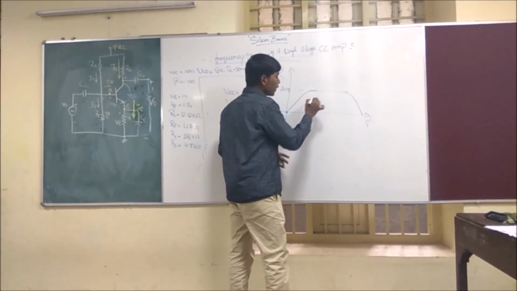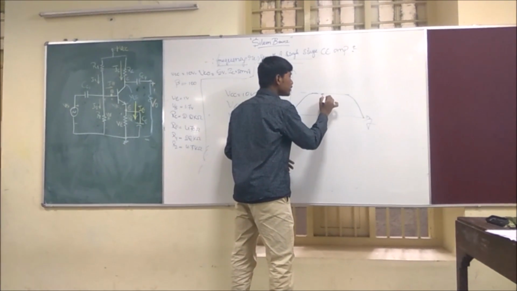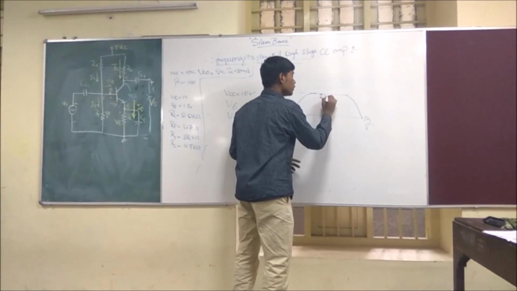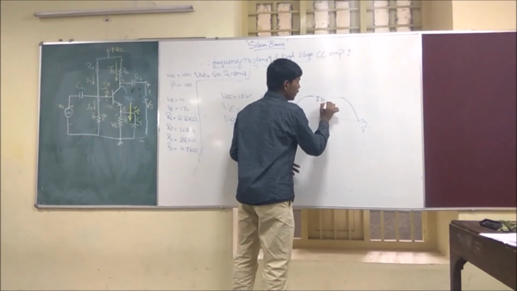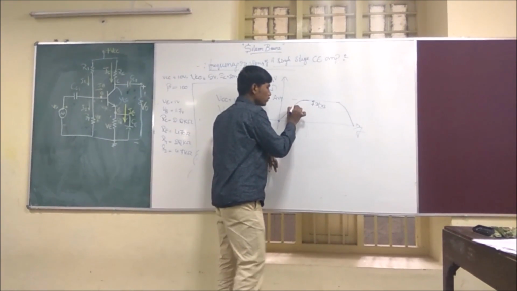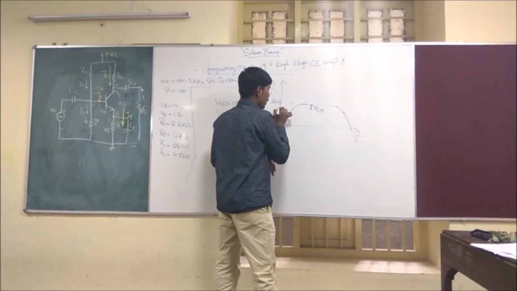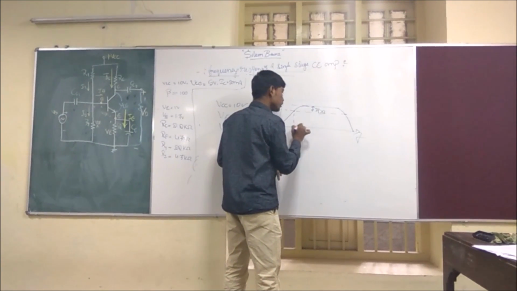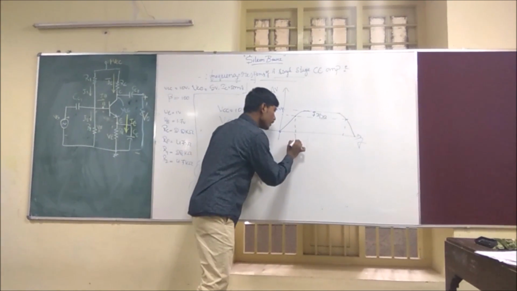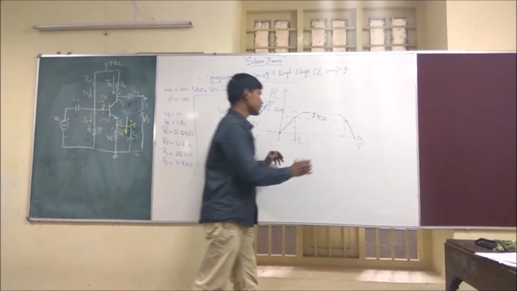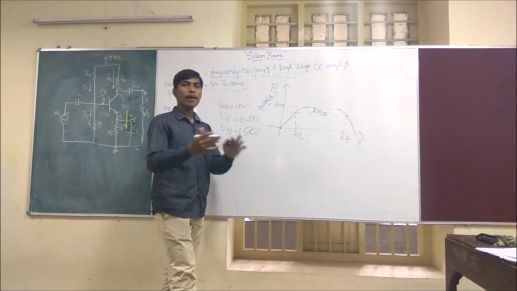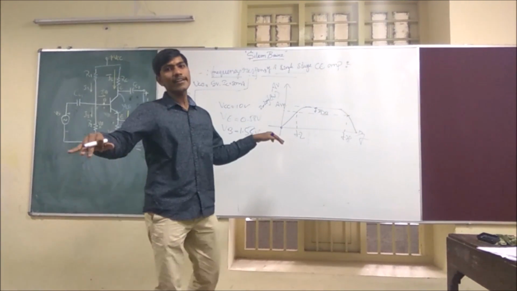Then let's take 3 dB below your optimum gain. This is my FL, the lower cutoff frequency, and this is the upper cutoff frequency, FH. After these cutoff frequencies, the gain gradually decreases.